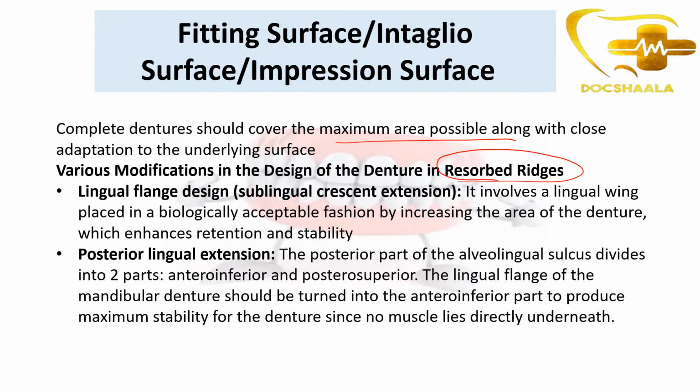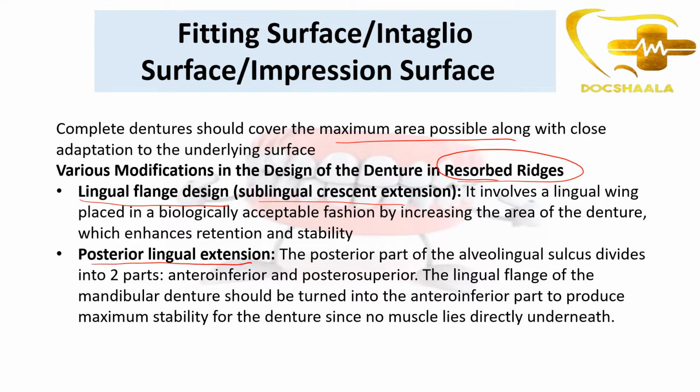The first thing we modify is the lingual flange design, or the sublingual crescent extension. It involves a lingual wing placed in a biologically accepted fashion by increasing the area of the denture. As area increases, the retention and stability increase. Then the posterior lingual extension.